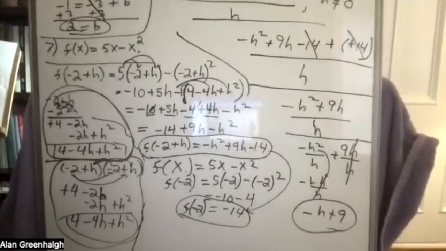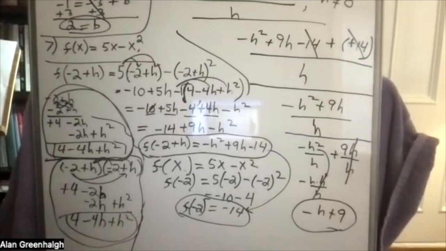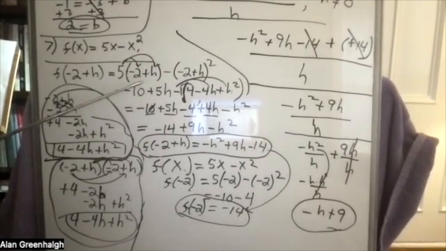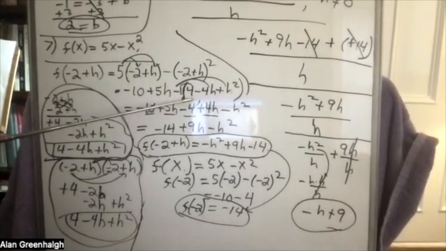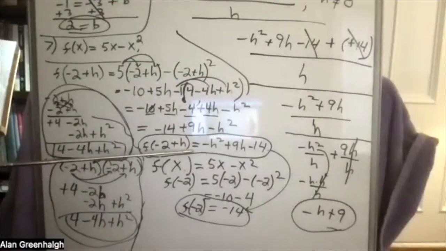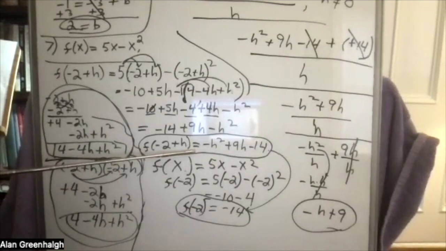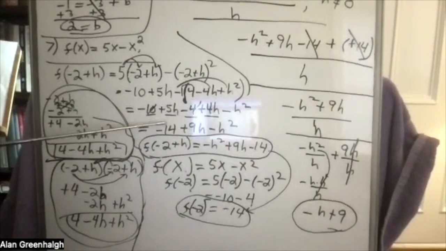I have a question. You see where you did f of -2 plus h equals negative h squared plus 9h minus 14, the one that you have circled, a little lower, right there. Did it matter that you flipped it, like, instead of negative 14 plus 9h? No, it doesn't matter. You could have left it this way. Nobody would have said anything.